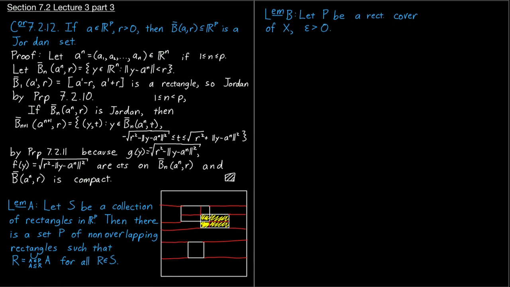And the conclusion is that then there is a rectangular cover S of X with the following three properties.